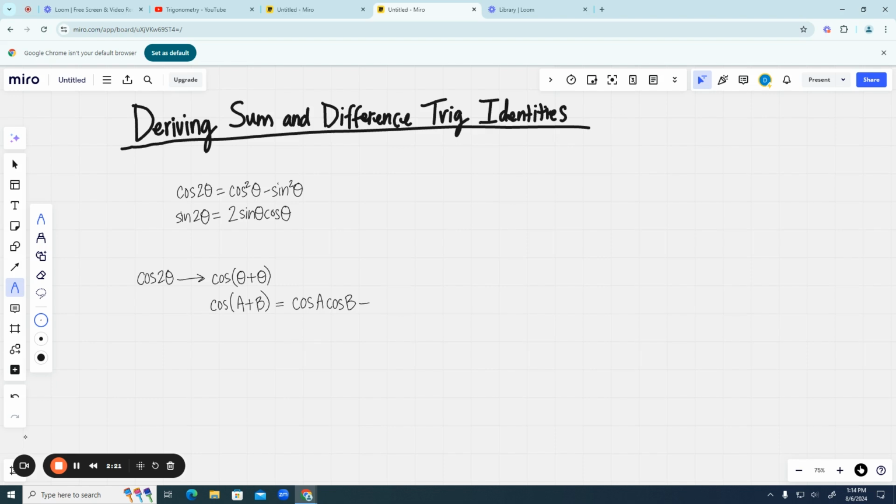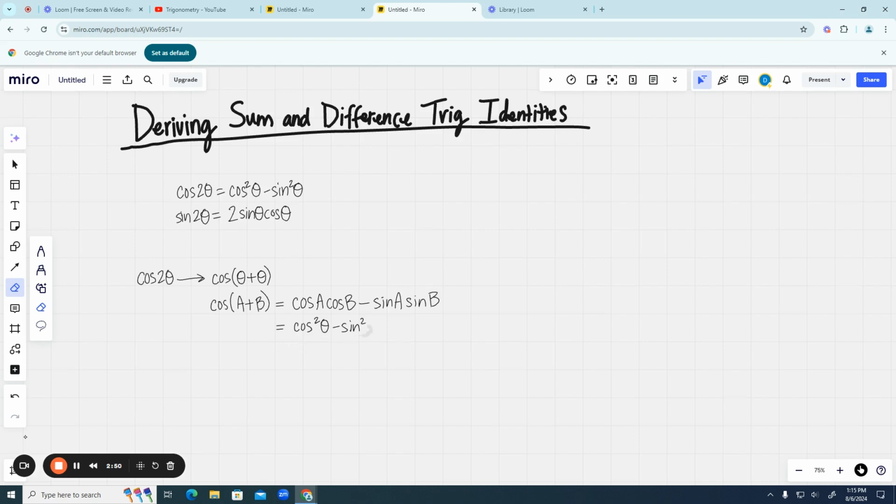And then to get sine squared, I'm going to need to put sine A and sine B, which I previously wrote as theta and theta. So we can say that that's cosine squared theta minus sine squared theta. And that is equal to cosine 2 theta. So that's how you just proved to yourself that it's equivalent to that.